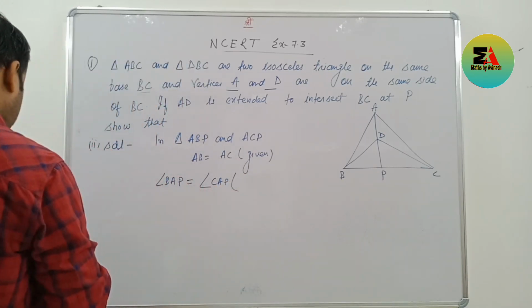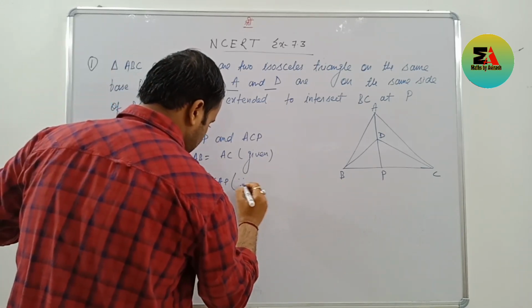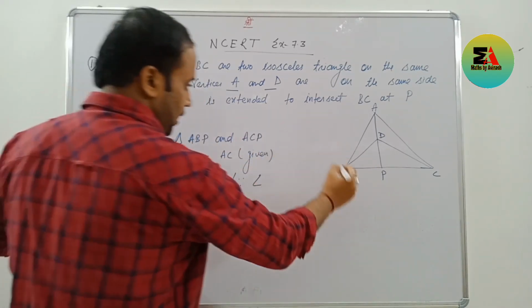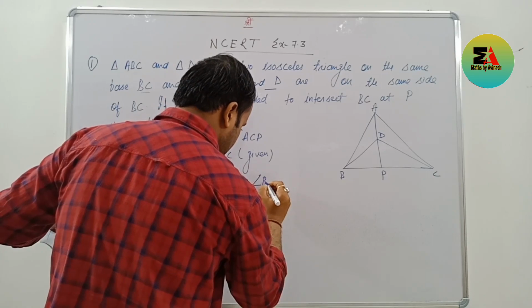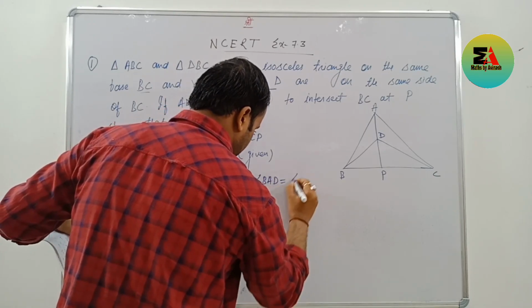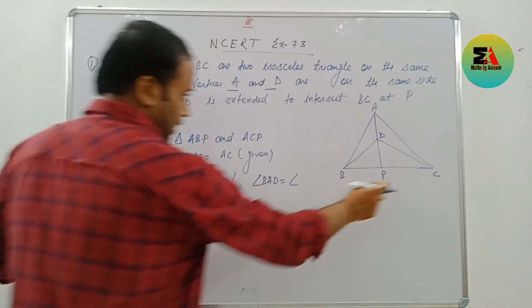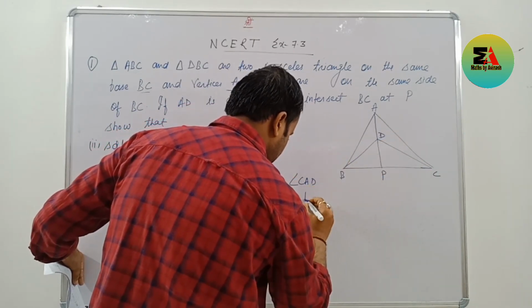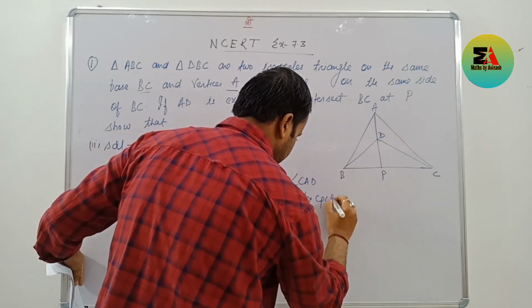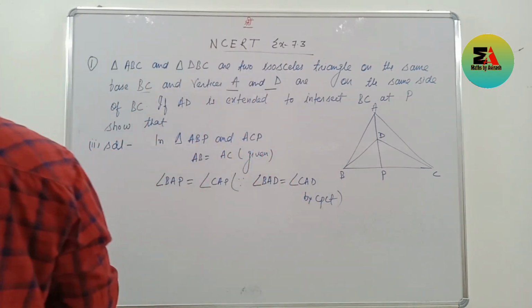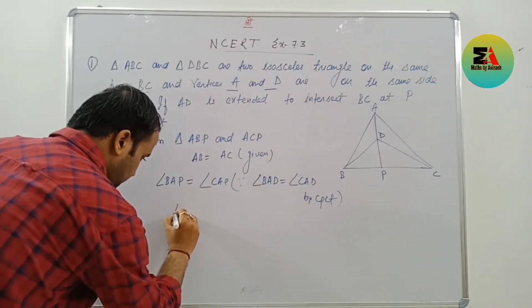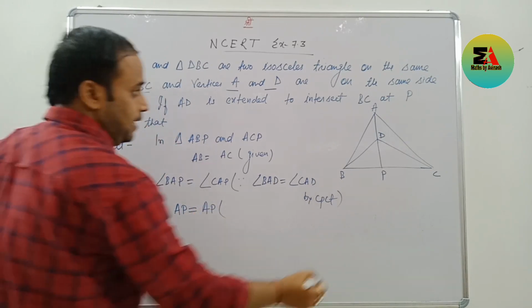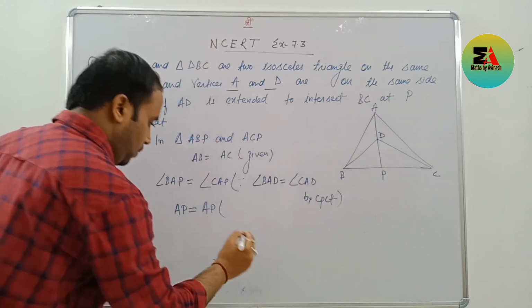How? Since angle BAD is equal to angle CAD by CPCT from the previous one, and AP is equal to AP. AP equals AP is common.